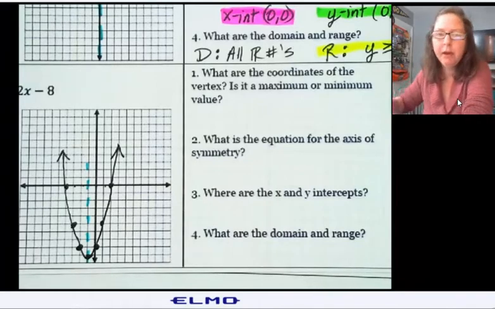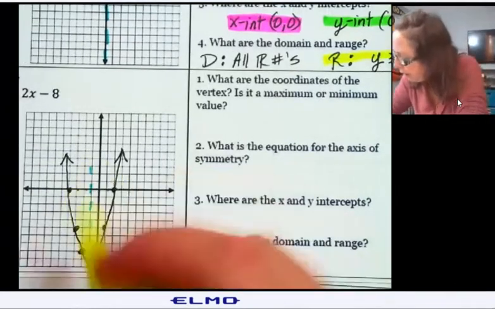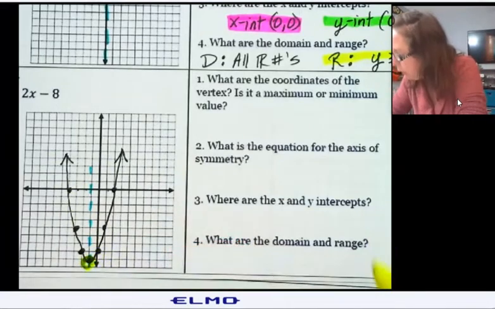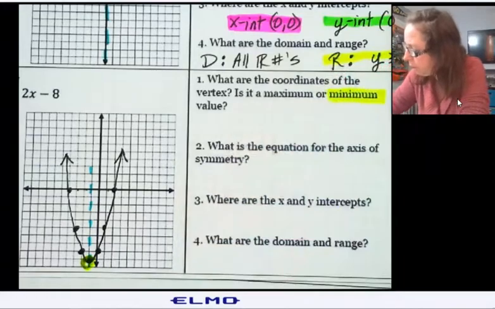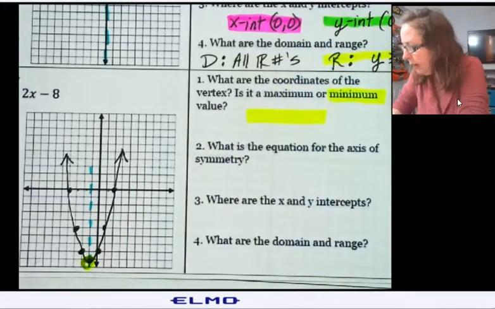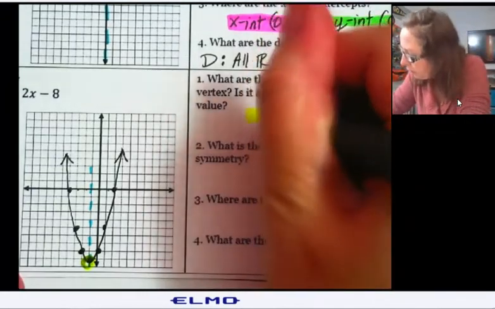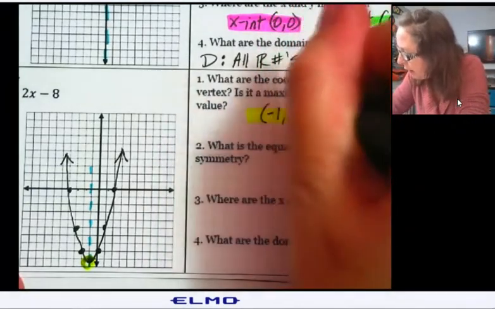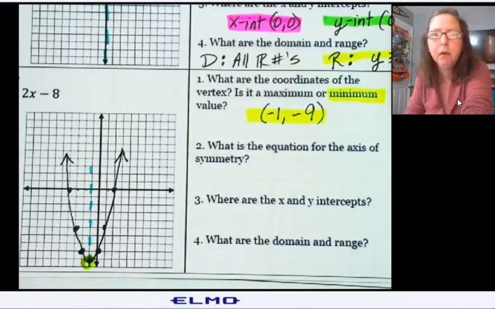Well, the vertex is this very lowest point right here, which means that this is going to be a minimum value, and its location is at negative 1, negative 9. Okay, so that is the value of the minimum, the vertex.